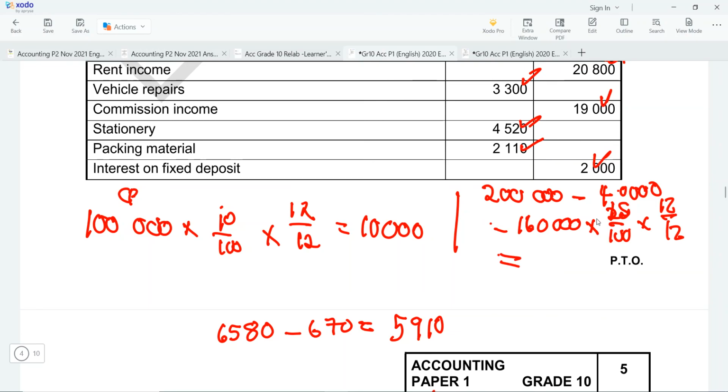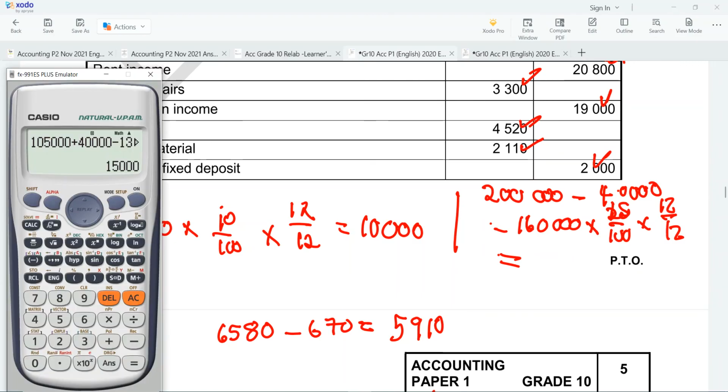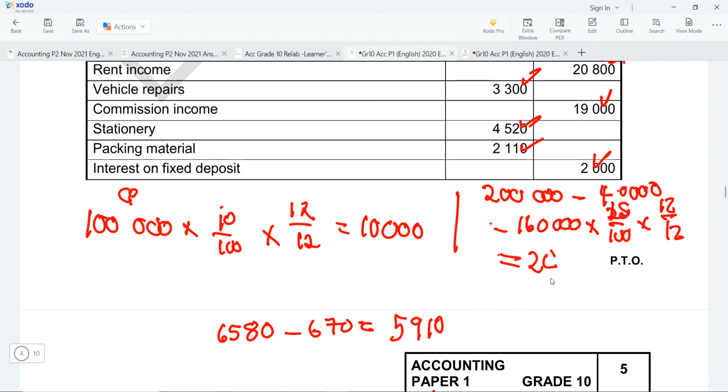So if you want to do it as a shortcut, you just say 160,000 multiply by 15%, divide by 100, because 12 over 12 is 1. You are getting 24,000. So our total depreciation is going to be 10,000 plus 24,000, and we'll be done with our adjustment.